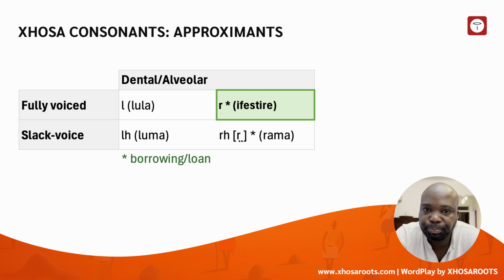They're both central in terms of the positioning of the tongue, and so it's very easy for Xhosa people to replace one with the other. Many Xhosa people now are able to pronounce the R, but you'll find with older people, especially in the rural areas, they can't even pronounce the R. Instead, they would say L.